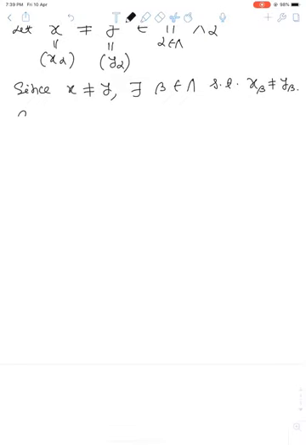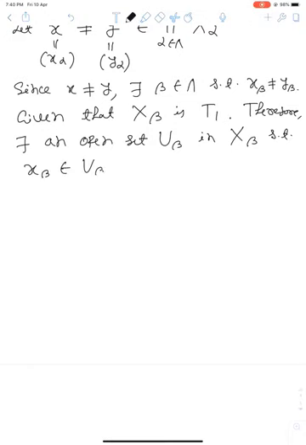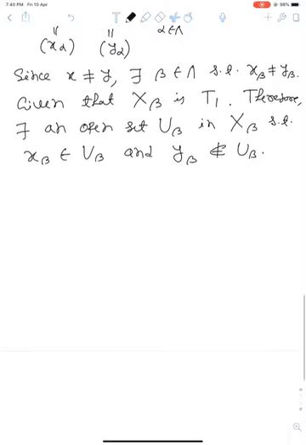Now given that X beta is T1, therefore there exists an open set, say U beta, in the topological space X beta such that x beta belongs to U beta and y beta does not belong to that U beta, right?